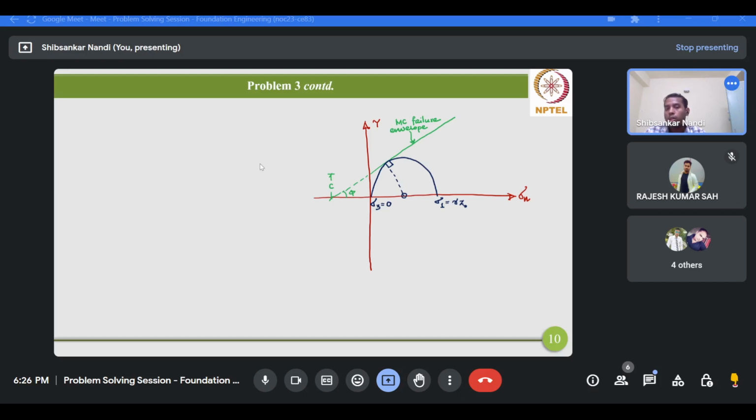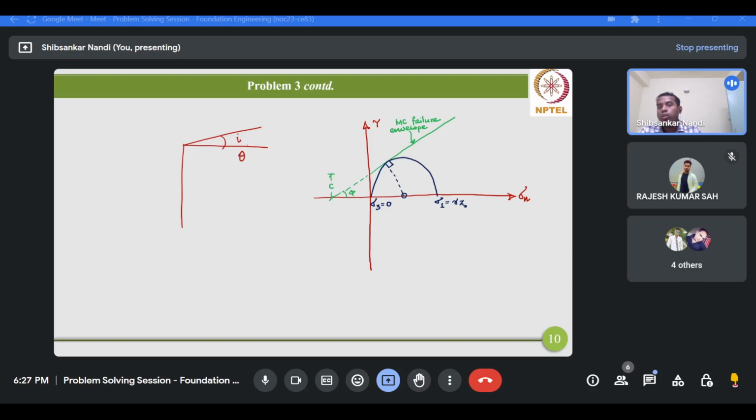Therefore, C and phi invariably will indicate the cohesion and angle of internal friction of the soil. Now, we'll see later on that inclination. Suppose the backfill surface is inclined to some angle. This angle you can represent in terms of i or in terms of theta.